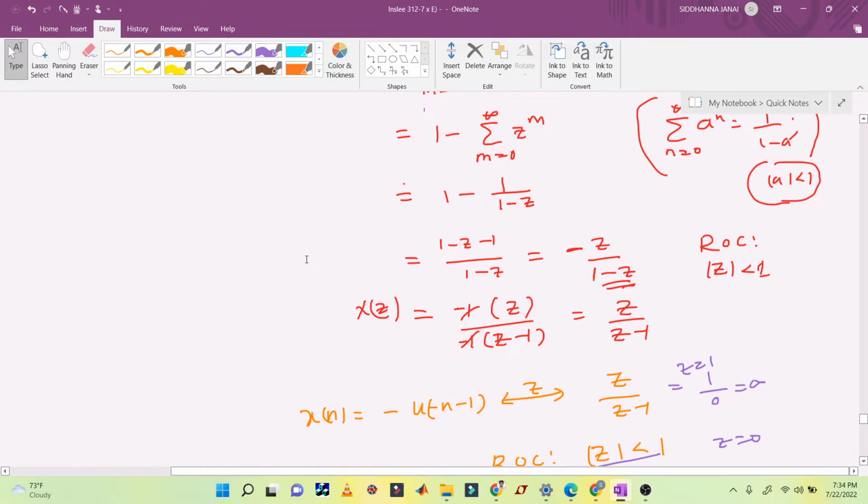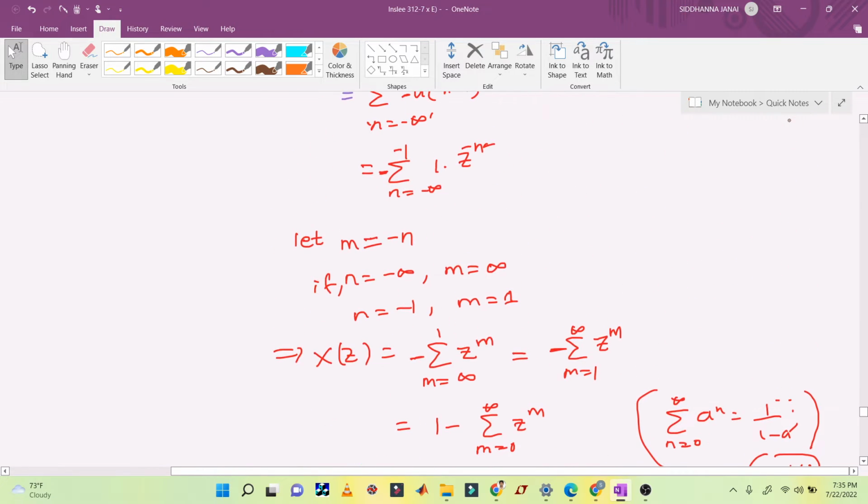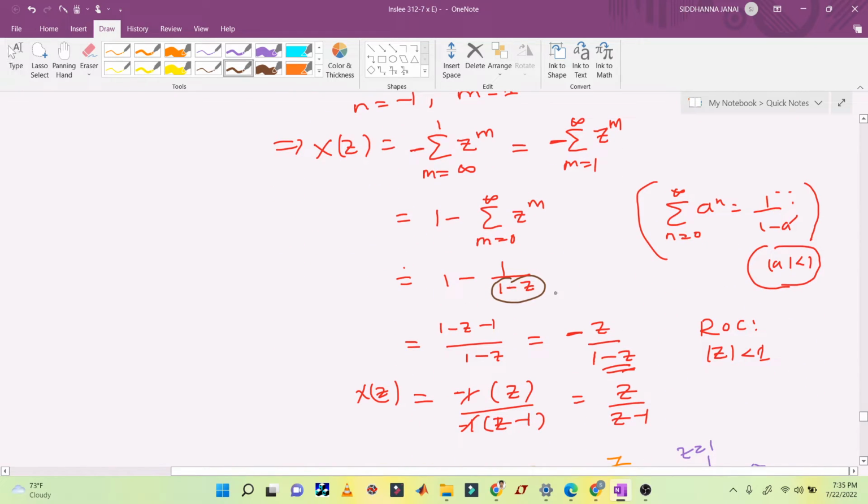It is not greater than 1, because you can see when we solve at the very first instant, earlier we had z inverse, so here it is z itself.